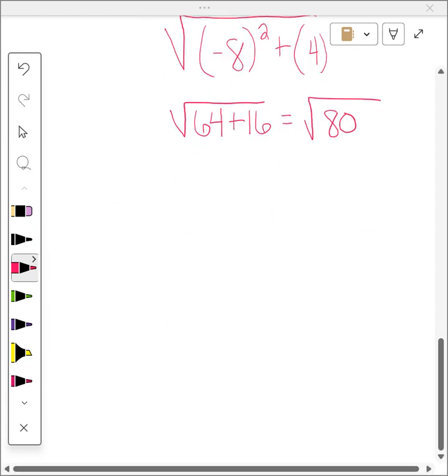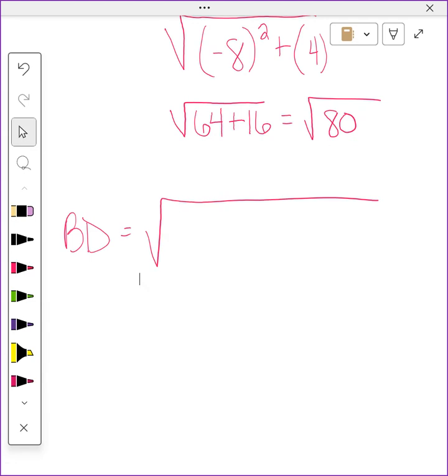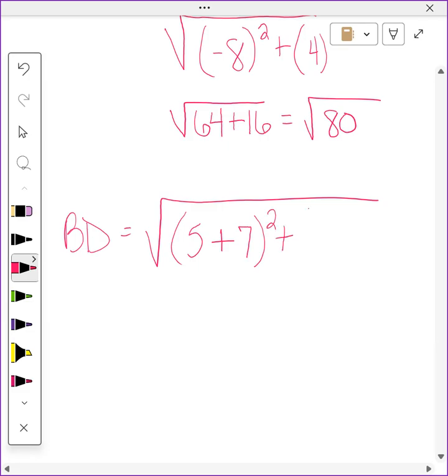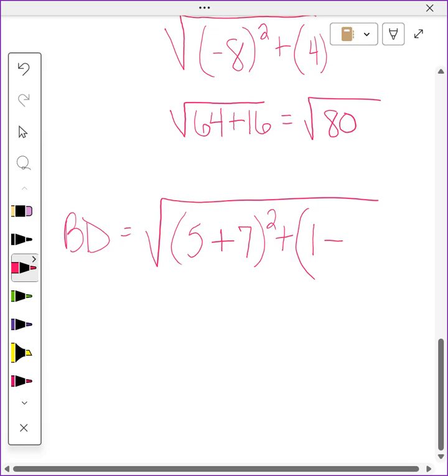Now we have to find the length of BD. So again, I have to use the distance formula. So let's subtract our x's. 5 minus negative 7, squared, plus 1 minus negative 5, squared.